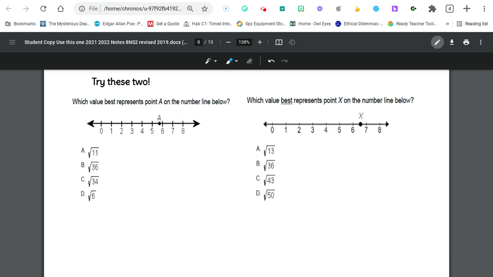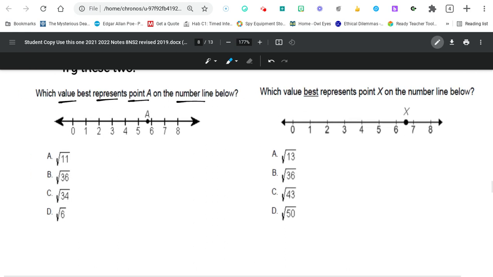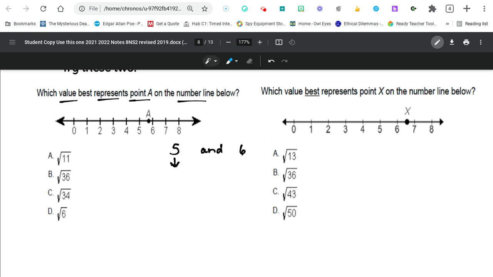All right. It says, which value best represents point A on the number line? Well, if you look, point A is between which two whole numbers? Well, A is between 5 and 6. And all your options are square roots. Okay? All those are square roots. So what you're going to do is convert 5 to something you can take the square root of.